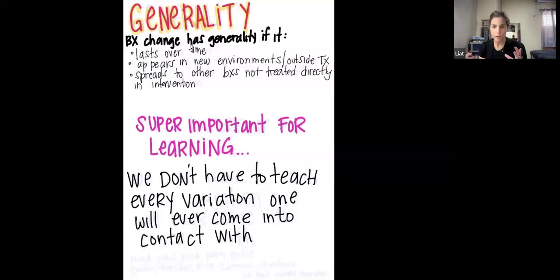For example, let's say I teach you how to read, okay? And I taught you that the P sound makes a P, okay? I taught you P, and the first word maybe I did was, let's say it was pot, okay? I don't know every P word you're ever going to come into contact with, but because you could generalize, when you see the word plant, right?